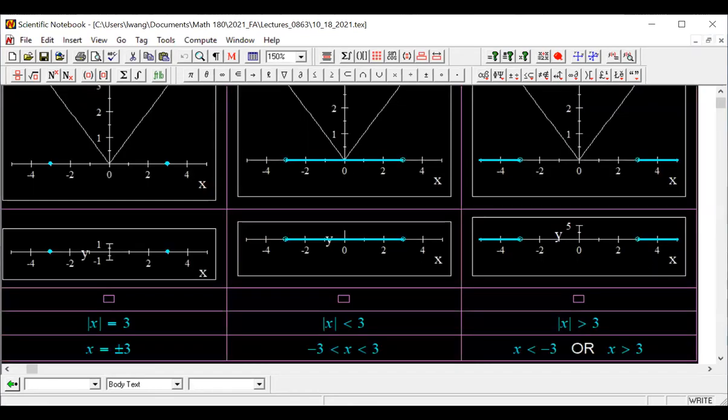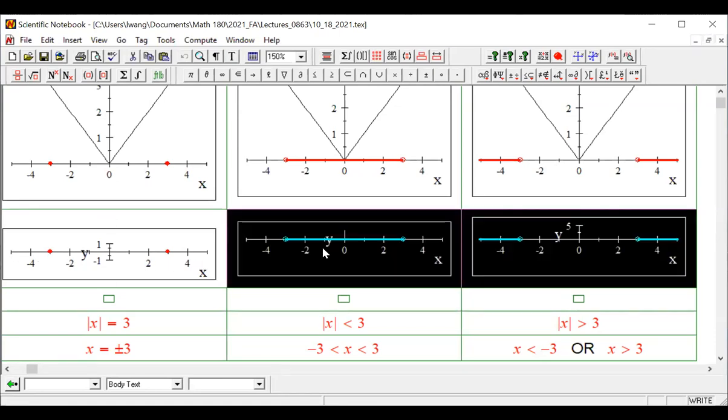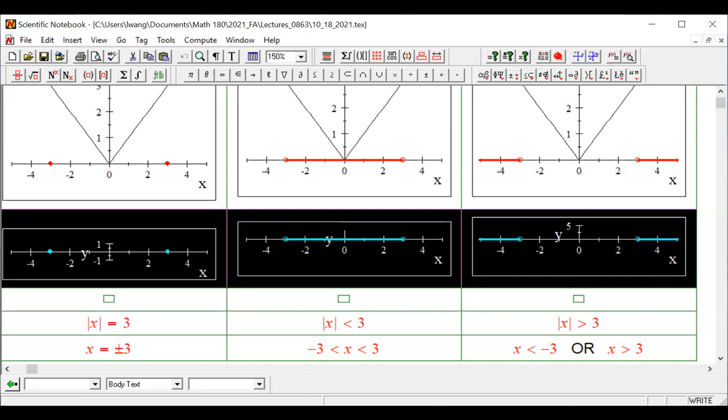Some of you might have learned it this way. But all of these are different perspectives. I hope I didn't confuse you more. But have you seen more from the perspective of function? Do you follow me?